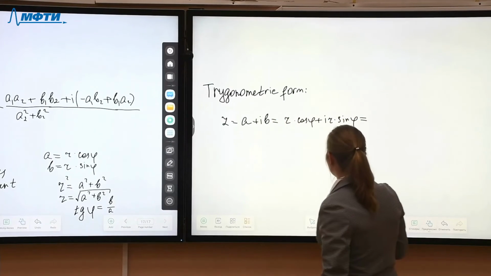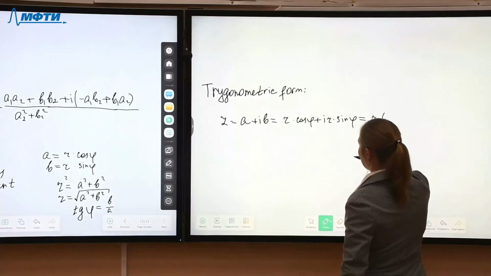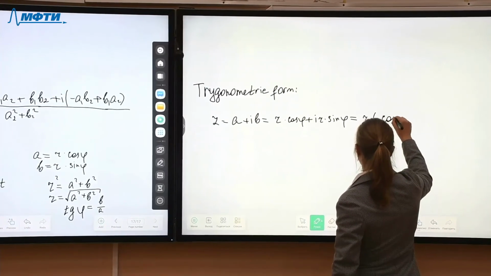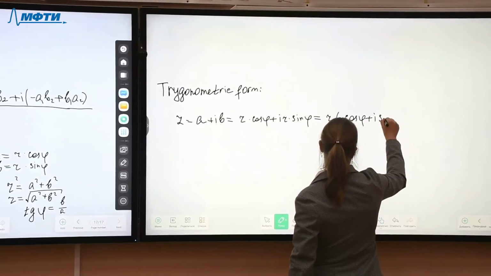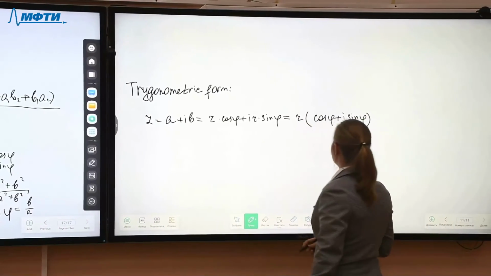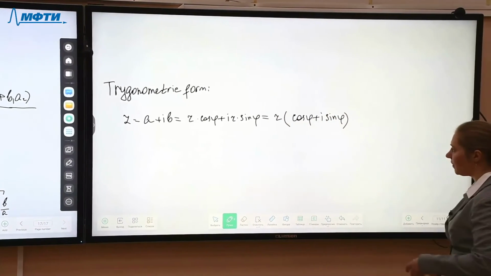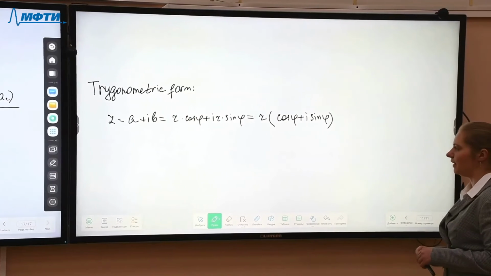Now we can take r outside, and here we have cosine phi plus i sine phi. Now this is the so-called trigonometric form, and sometimes it's very useful.